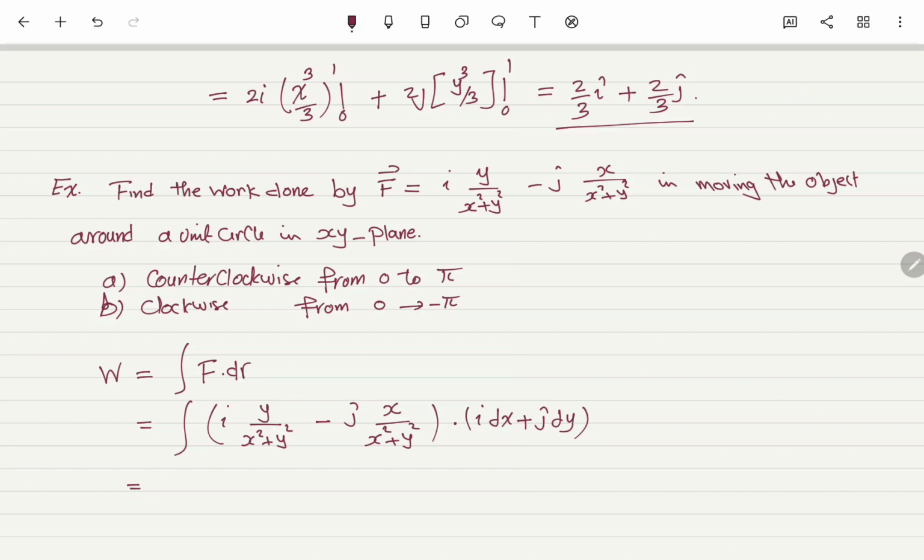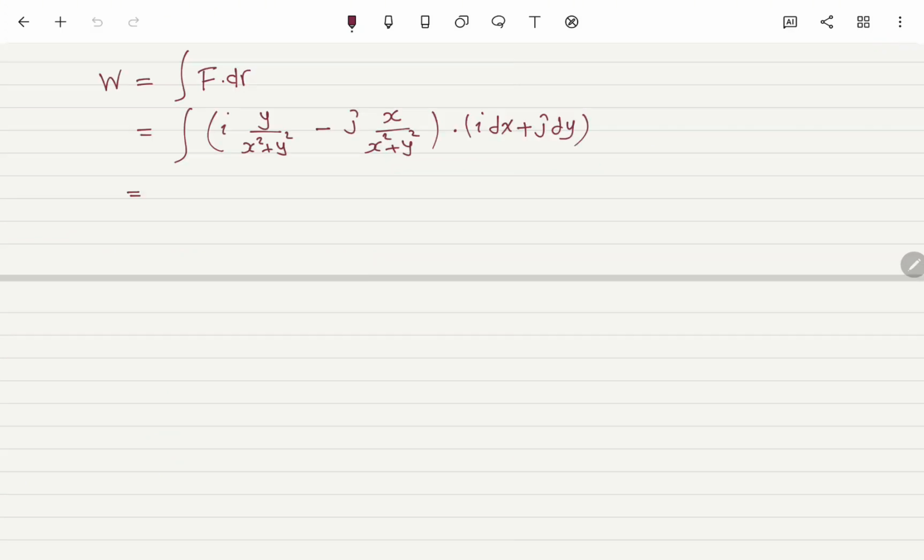This is equal to integration of y over x squared plus y squared dx, minus integration of x over x squared plus y squared dy.